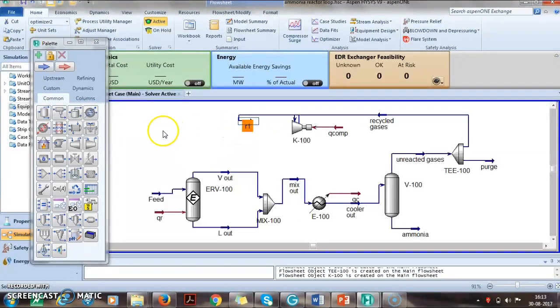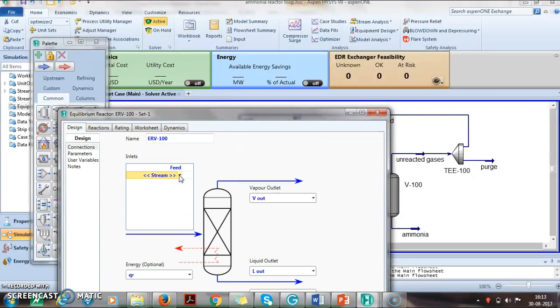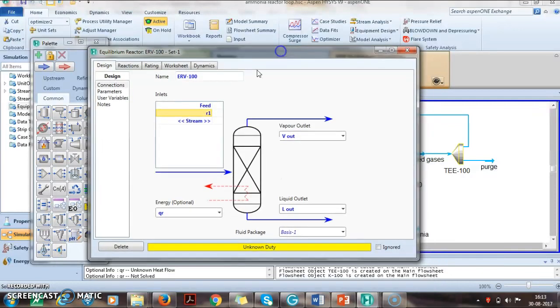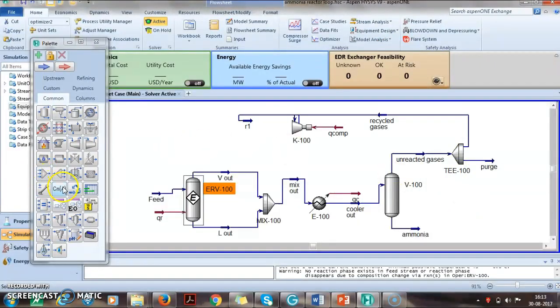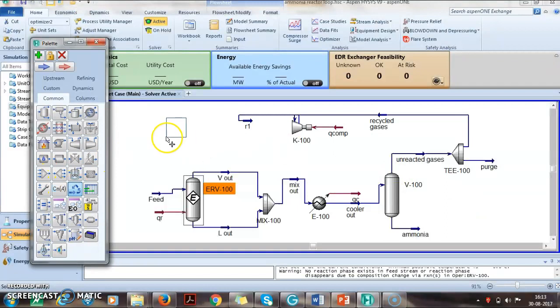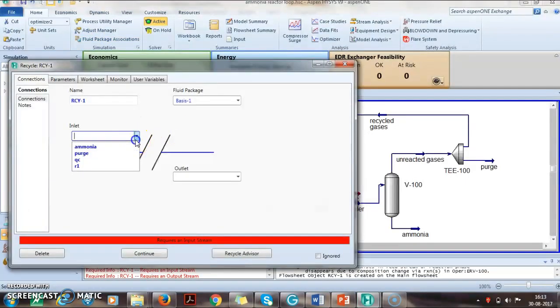Now we can't directly attach this to the reactor. If you do that, just see, the entire thing would be unconverted. So we can't do that. We have to use a special recycle tab. So we take this as R1 and take this as recycle.